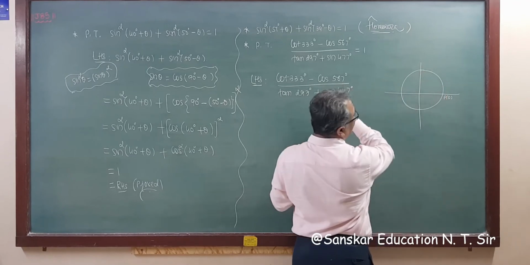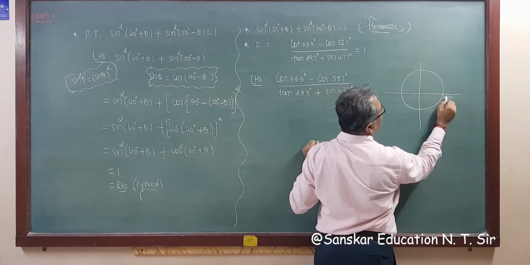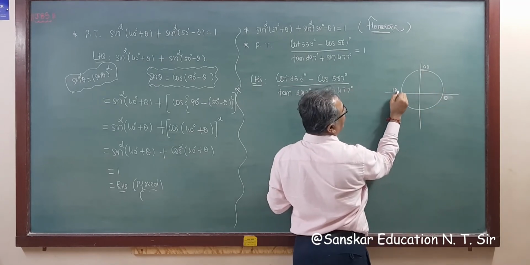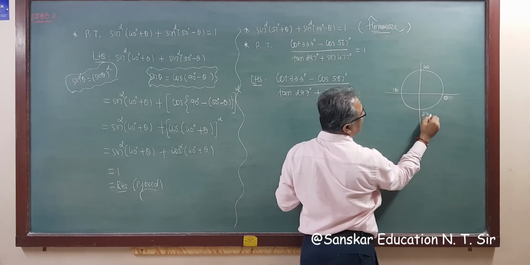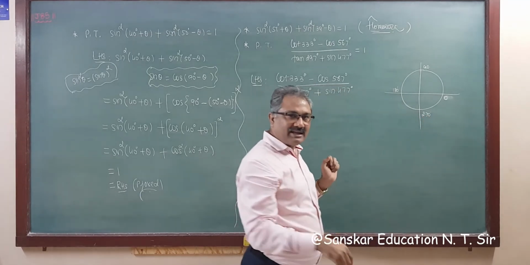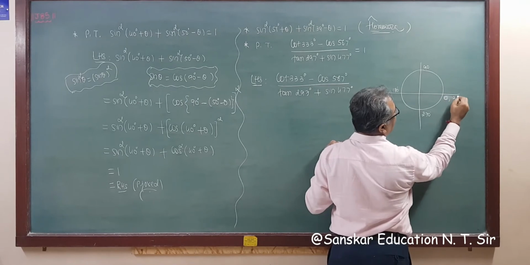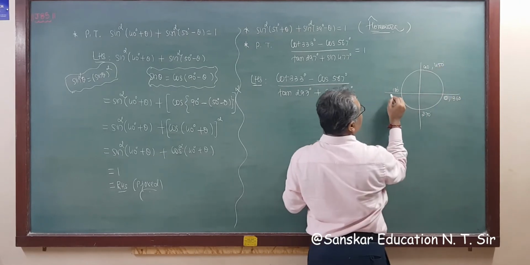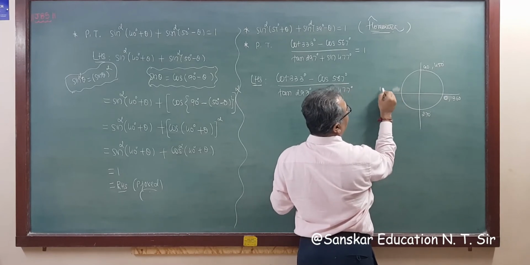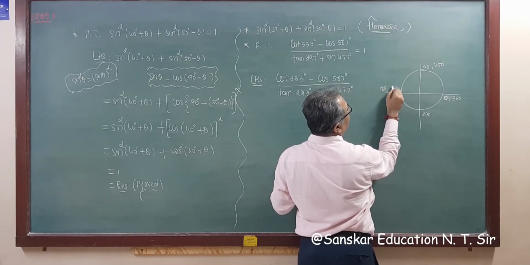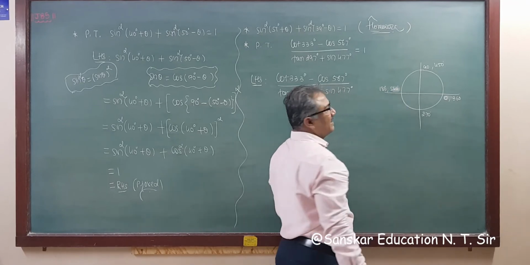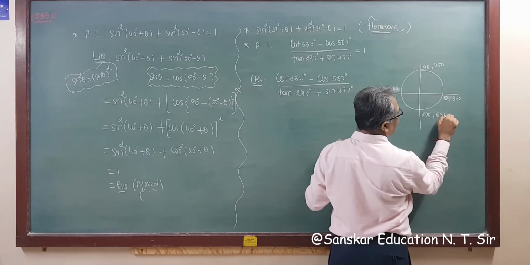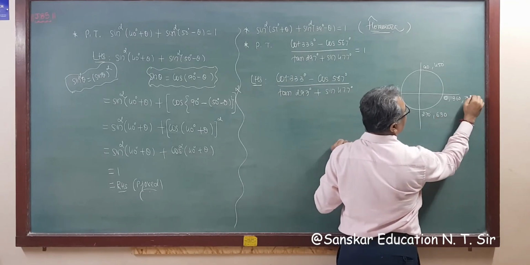These are given in degree, so I am writing only degree. So 0, this is 90, that is 180, 3 times 90 is 270, 4 times 90 is 360, plus 90 is 450, plus 90 that is 540, 630, and this is 720.